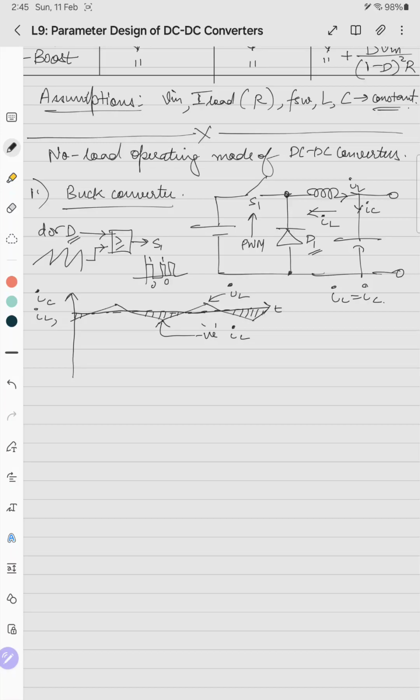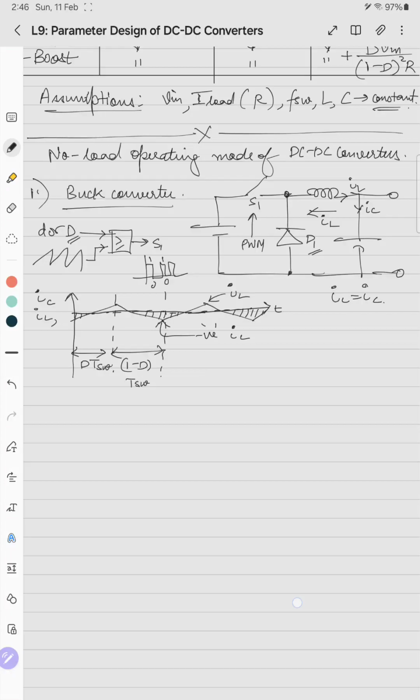Now say that, okay, this was for the on time, D into T switching, and this period is the off period, 1 minus D into T switching.